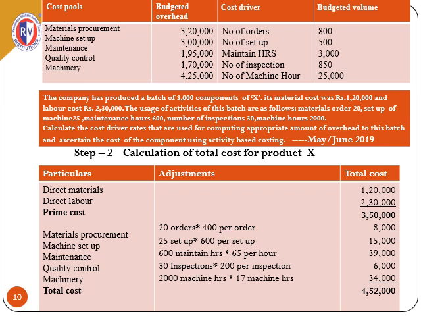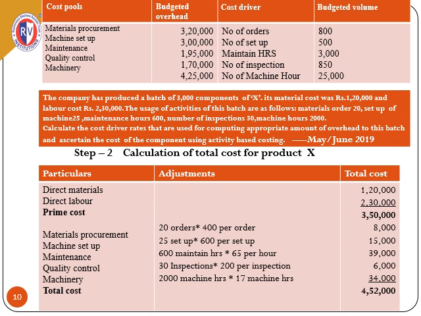Then quality control: 30 inspections, rate per inspection is 200 rupees, so 6,000 is the quality control cost. Then machinery cost: they require 2000 machine hours to produce this product, and the rate per machine hour is rupees 17, so 2000 into 17 is 34,000.